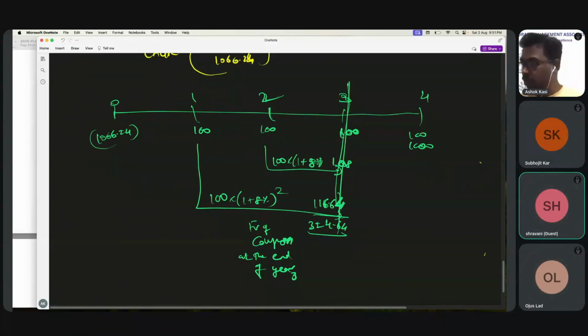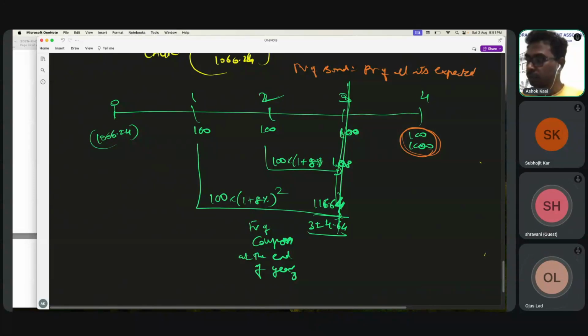Remember, the present value of your bond is equal to the present value of all its expected future cash flows.